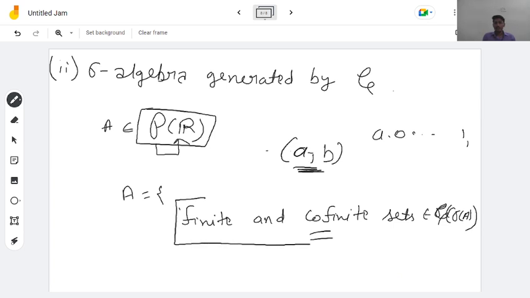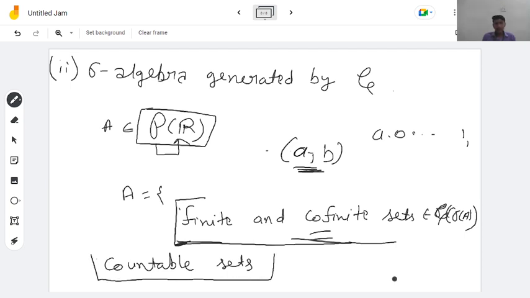So in this case we have finite and cofinite sets and countable sets. Does a countable set also belong to the sigma algebra generated by C? Yes. Why? Because countable sets can be written as a1 to an and so on.